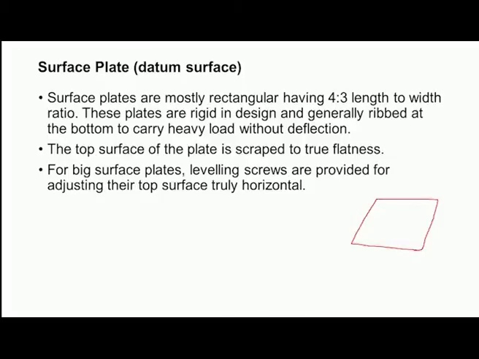surface plates, particularly the machining of the top surface, and many times straight edges are used to check the flatness of the surface plates. I can see here we have this straight edge, and we can use Prussian blue.